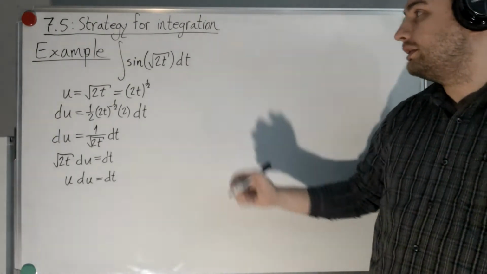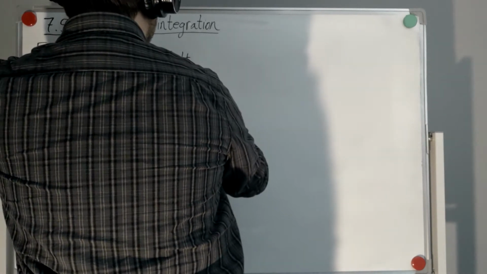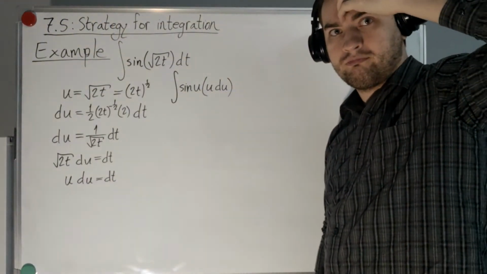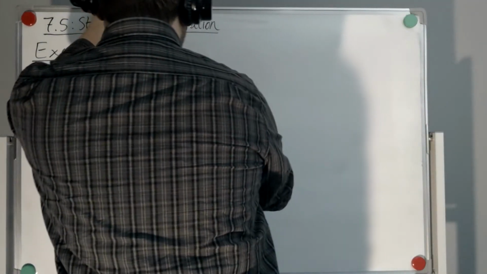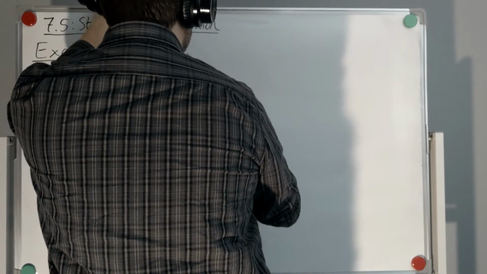That means that what we're looking at here can actually be written as integral of sine u times u du, which of course is the same thing as the integral of u sine u du.